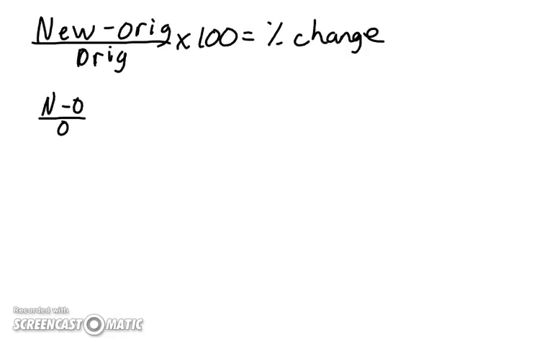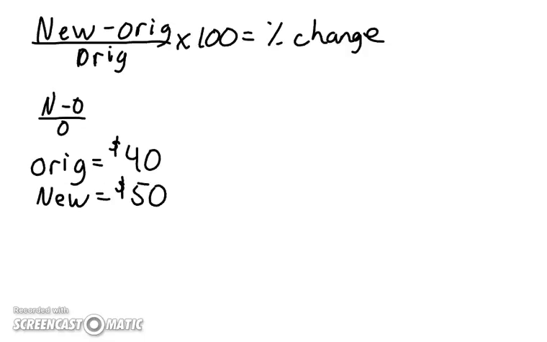Okay? So, if you had an original price that was $40, and now the new price is $50, what is the percent change? Okay, and we should label this as either an increase or a decrease. So obviously, since we went from 40 to 50, this is an increase. We're just going to plug into our formula.